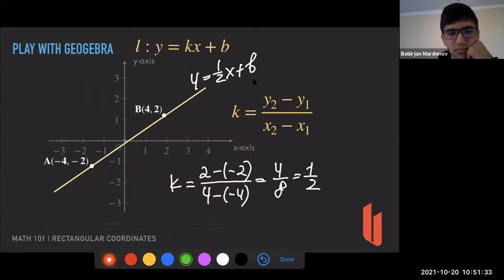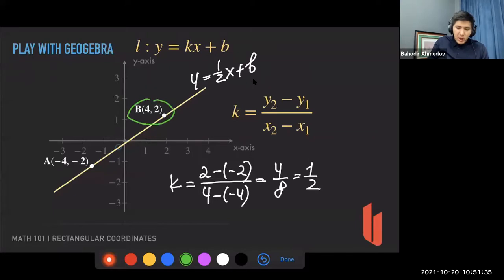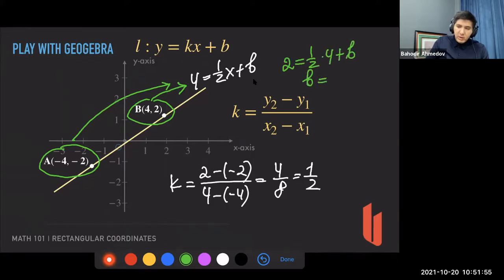We know that these 2 points are on the line. It means that if you substitute them into the equation, the equation should be true. It doesn't matter which point you substitute. For example, you can substitute point B. It's going to be 2 is equal to 1 over 2 times 4 plus b. What is b from here?